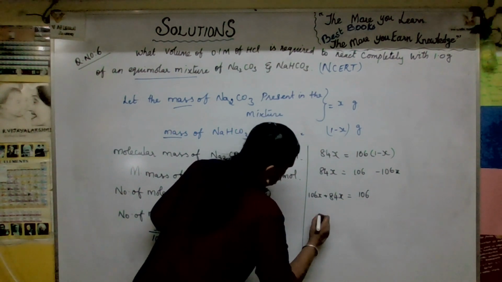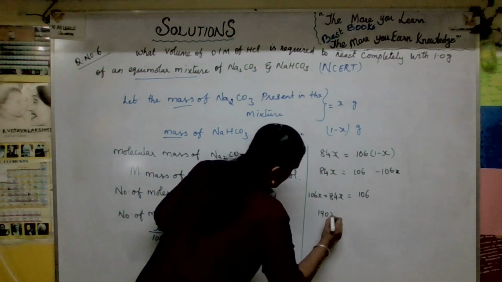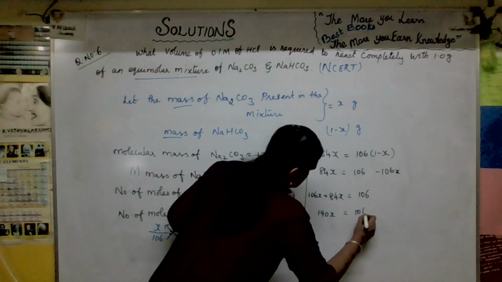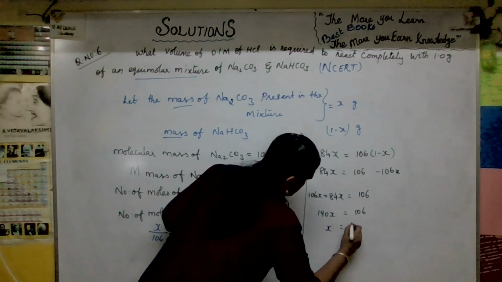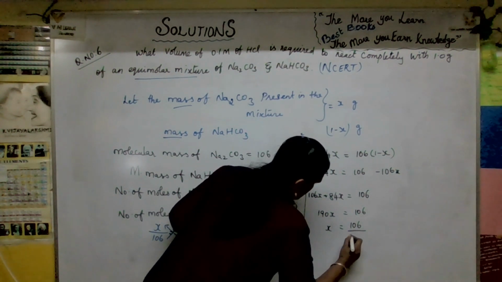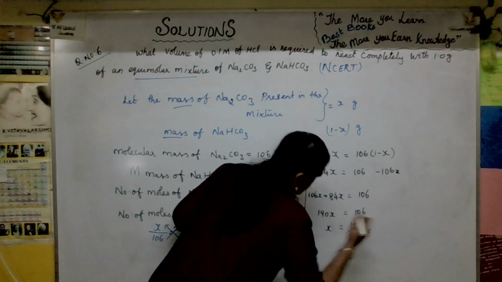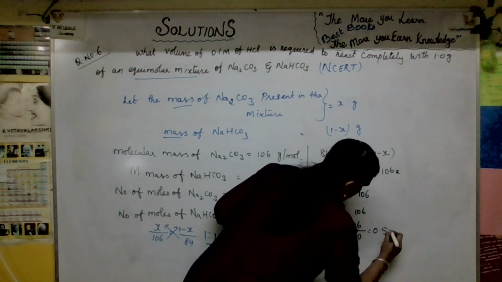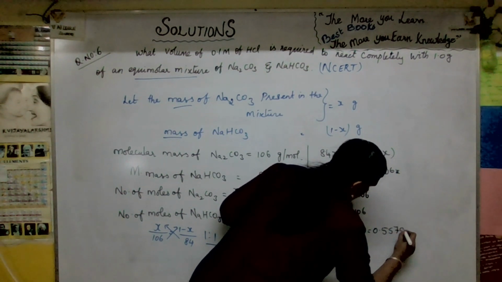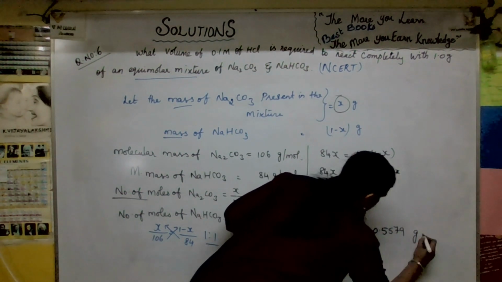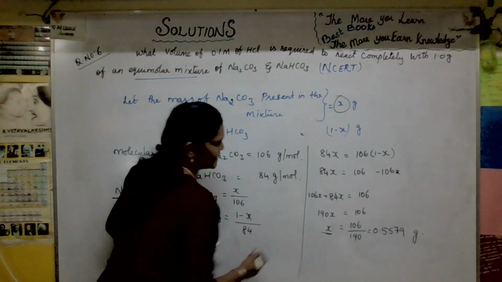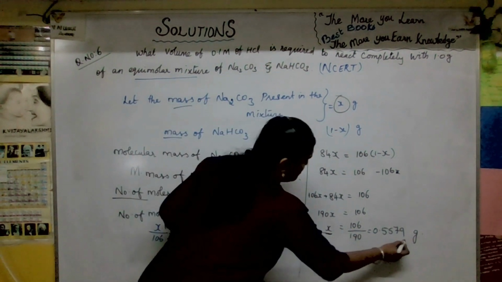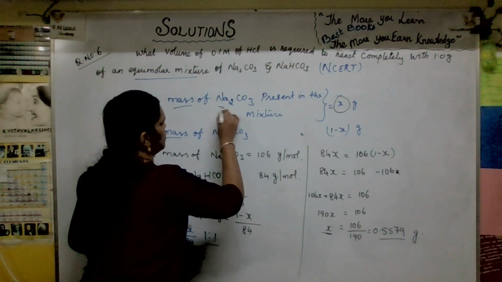So here altogether 190x equal to 106. Therefore x equal to 106 divided by 190. You will get the answer 0.5579 grams, because they mentioned x only, so that is given mass of sodium carbonate.